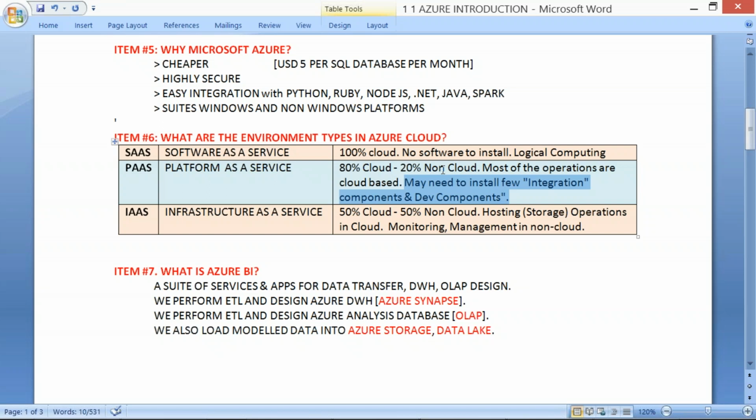For example, Azure Analysis Services, it comes under the PaaS model. Azure Data Factory, the initial component, first component, it comes under SaaS, ADF, which is similar to ETL components in on-premise like SSIS, and PaaS, platform as a service, 80% cloud and 20% non-cloud.